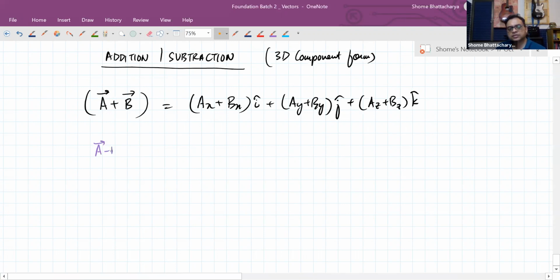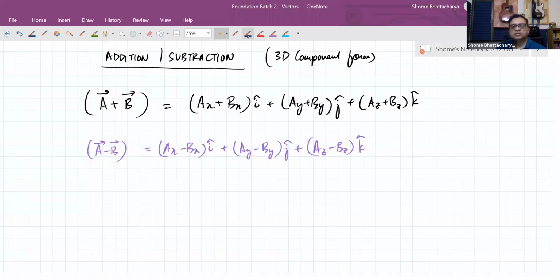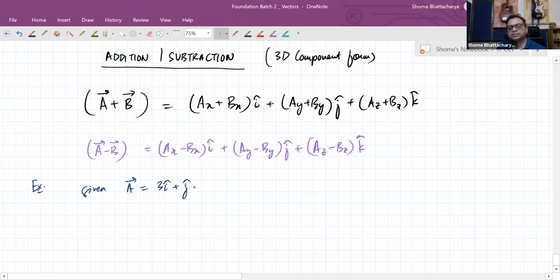when we have subtraction, this will just become ax minus bx i cap plus ay minus by j cap plus az minus bz k cap. Okay. So just write down these formulae which are pretty obvious and start working out this direct question. So given vector A is, let's say, 3 i cap plus j cap plus 2 k cap.